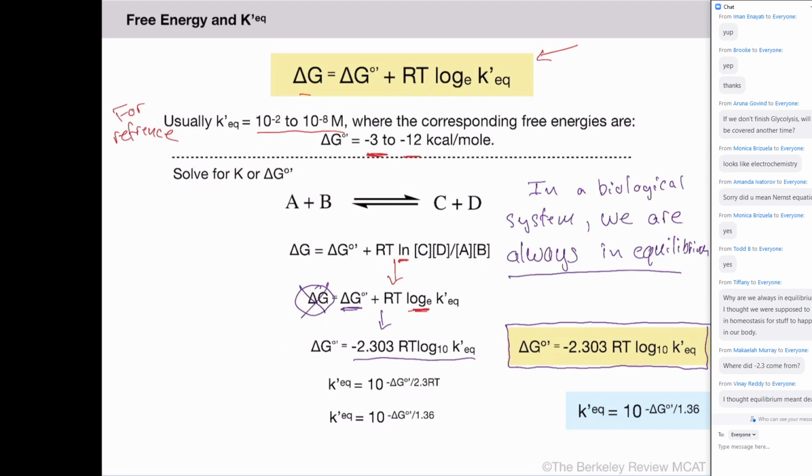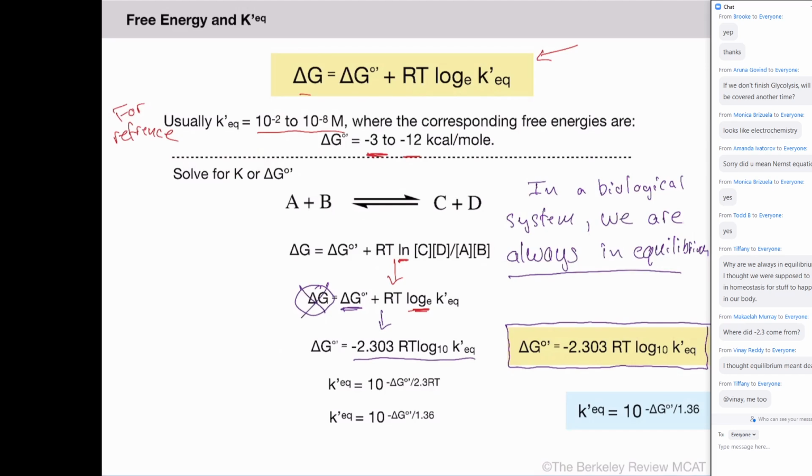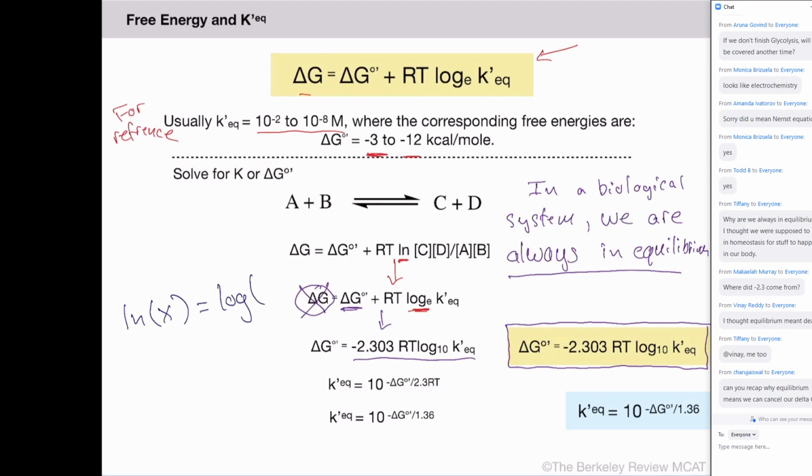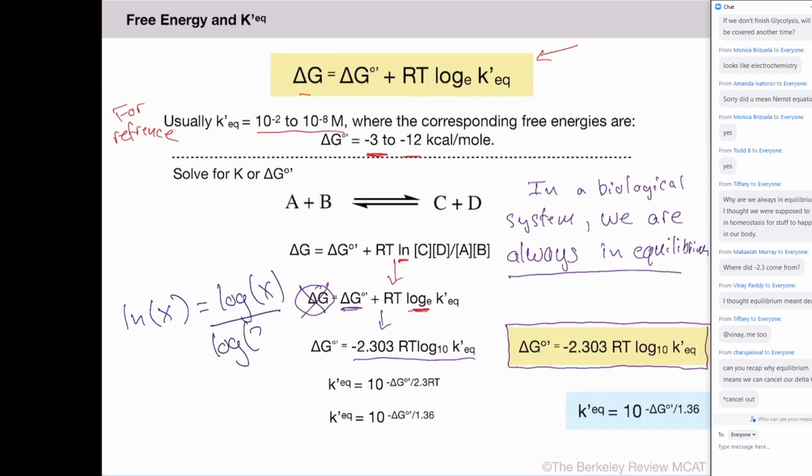And where did the -2.3 come from? That's a very good question. It comes from just rearranging. You see how this is log e to RT log base 10? If you remember moving around logs and natural logs, ln of x is equal to log x divided by log of 2.7, whatever e is, and it actually gives you this number here.